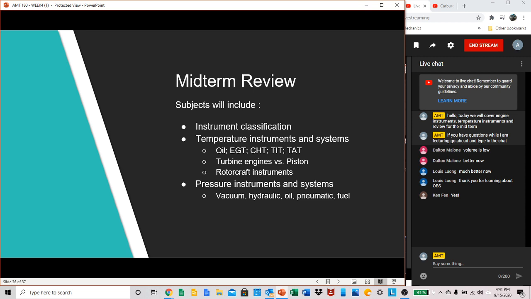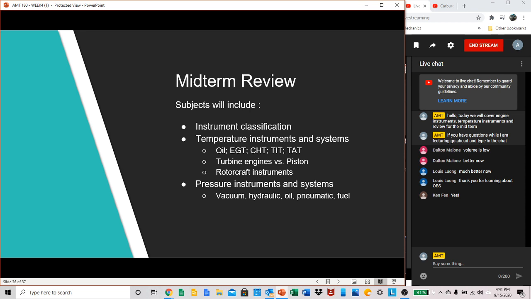So that being said, these are all the subjects that we have covered in the first half of this semester, of this 8-week semester. We've gone over instrument classification, so all of these are game for the midterm, okay? This is all information that will be on the midterm. Instrument classification, temperature instruments and systems.